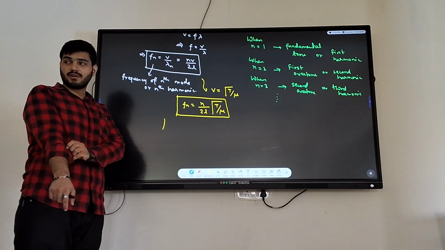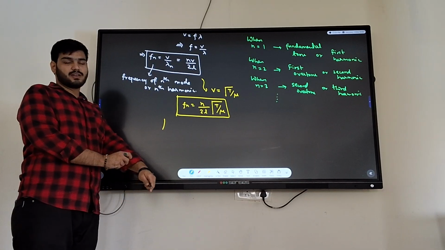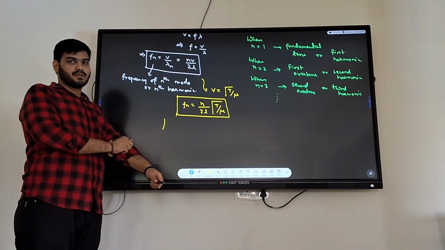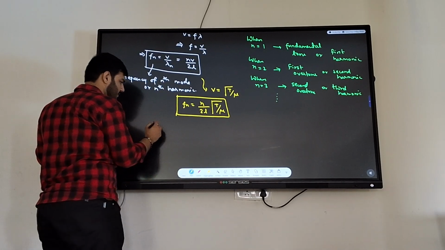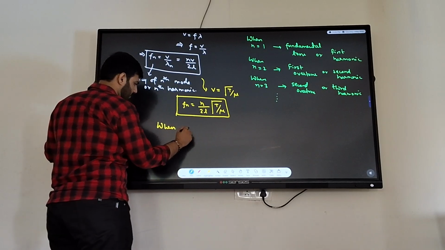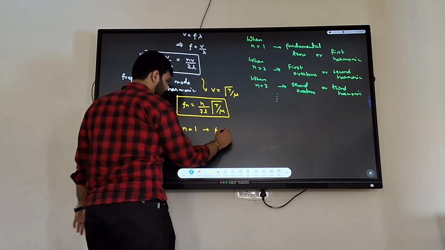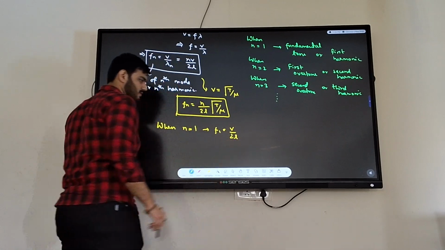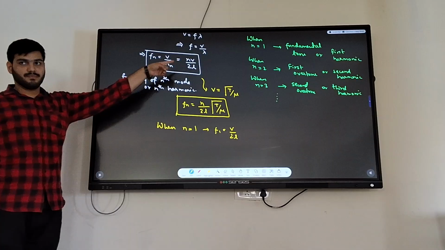What will this n equal to 1 yield? Can you see that? Put n equal to 1 in Fn, what will you get? That will be v by 2L, right? So when n equals 1, you get f1 as v by 2L.